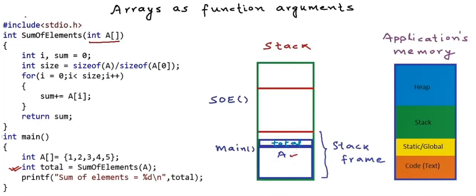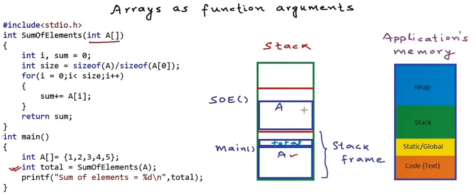What happens when we make a function call is that the value of this particular local variable in the main method, or we should rather say the value from the variable in the calling function, is copied to the variable in the called function. So ideally we should have one more a local to the function sum of elements, and the value of a should be copied into this parameter a.